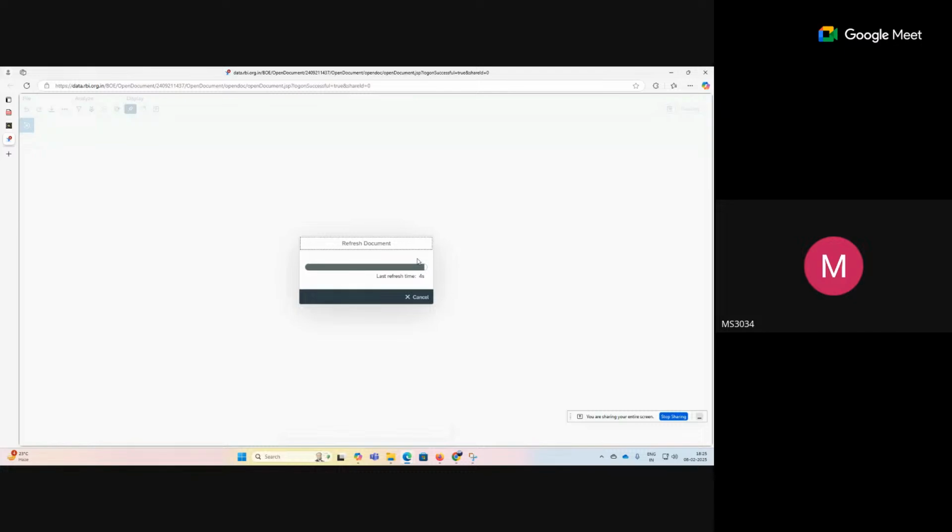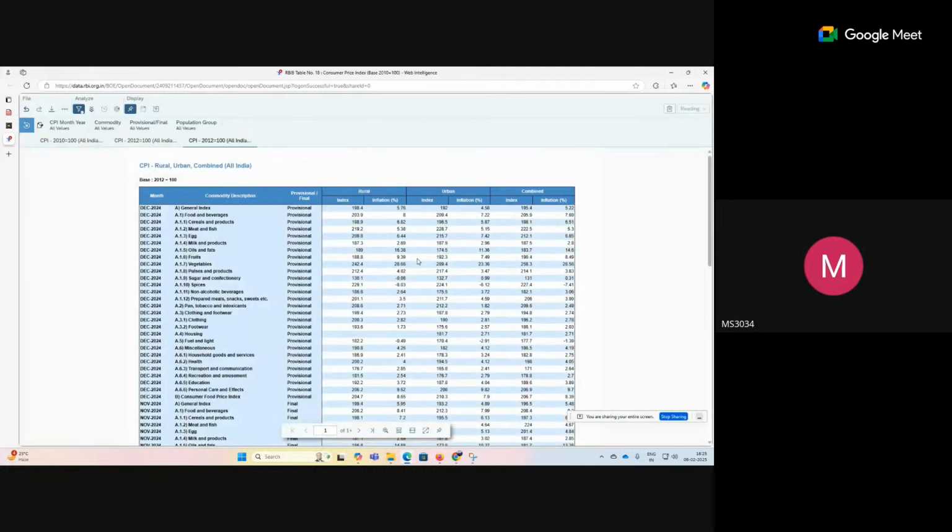So it is highly recommended for you to visit and go around the various data sets available on this website. For example, this is the CPI, and it is given for rural, urban, and combined. Combined means it combines rural and urban both and gives a combined value.